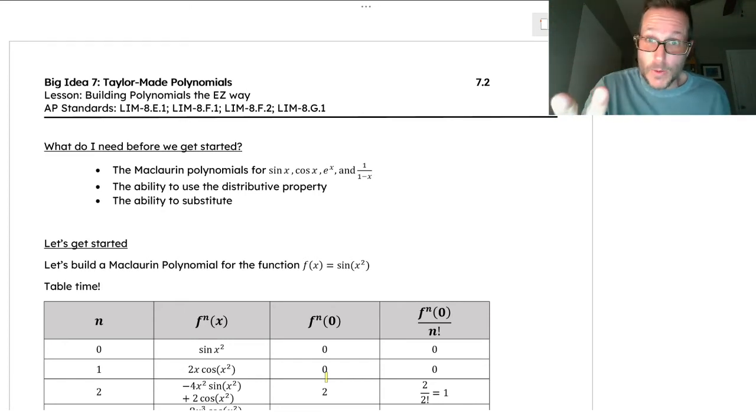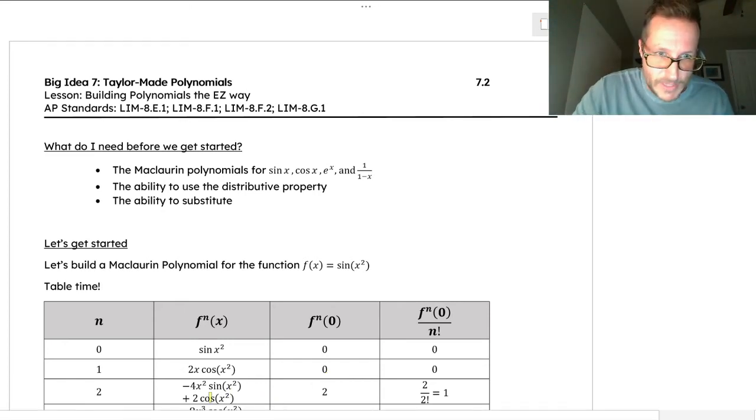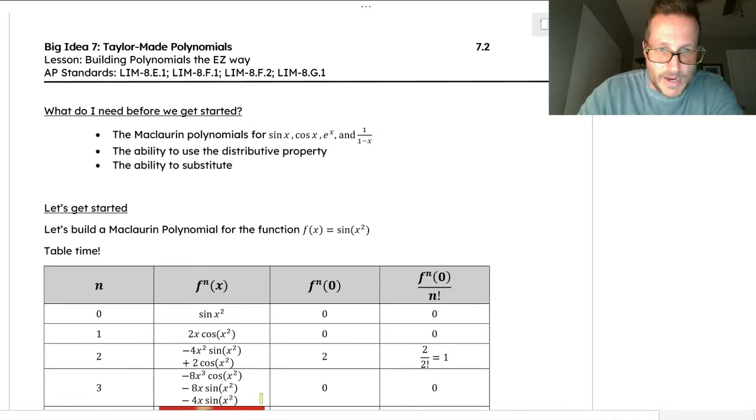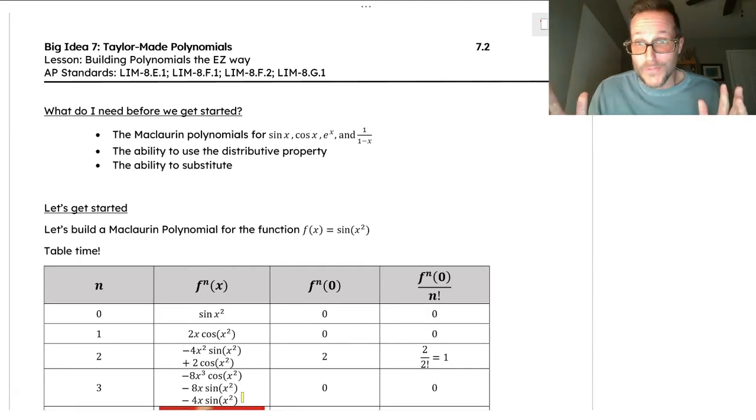Yes. Let's keep taking derivatives. All right, so the derivative of negative 4x times sine of x squared, that's product rule there, and then we're going to have to chain rule all over the place. Well, here it is. We'll plug in 0. And you get 0. So all that derivative for nothing.